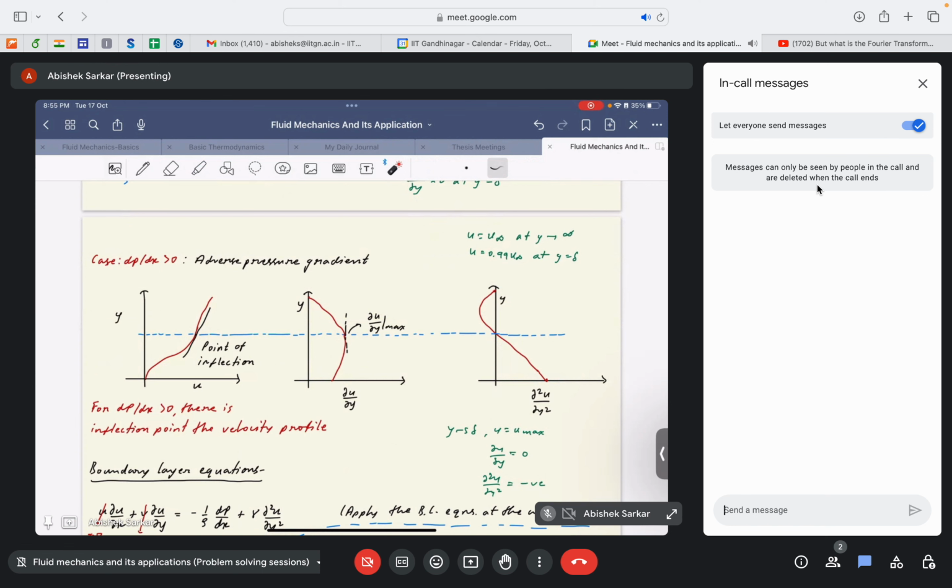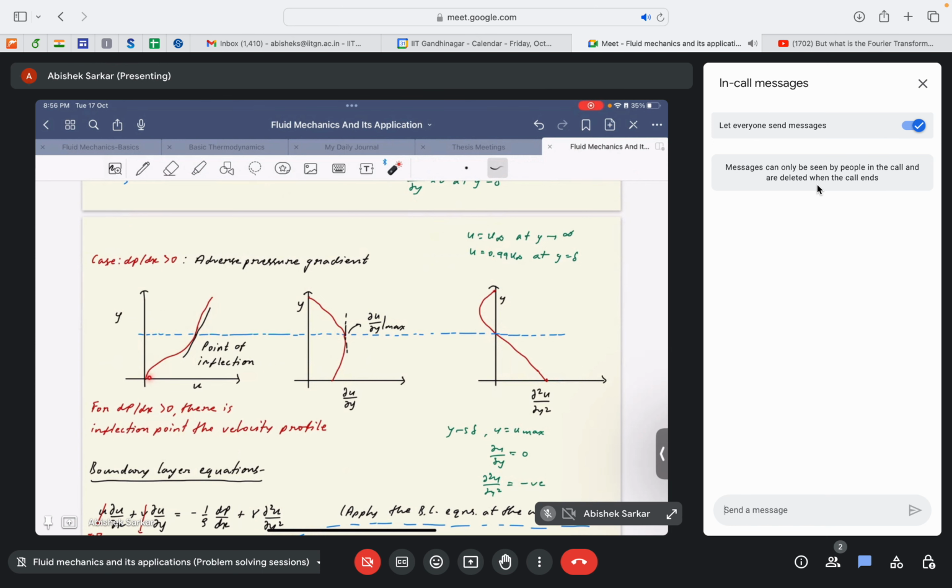At the point where dou square u by dou y square is equal to 0, it indicates the point of inflection, and at that point dou u by dou y would have the maximum value. Consequently, the curvature of the velocity profile would change at that point.